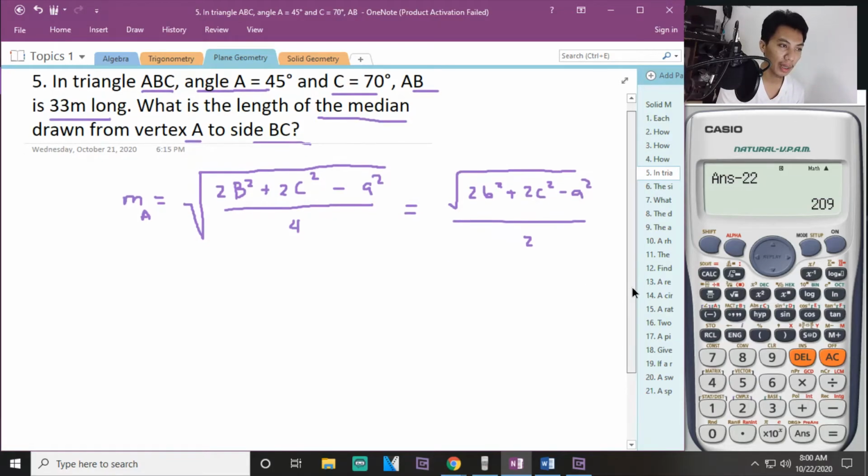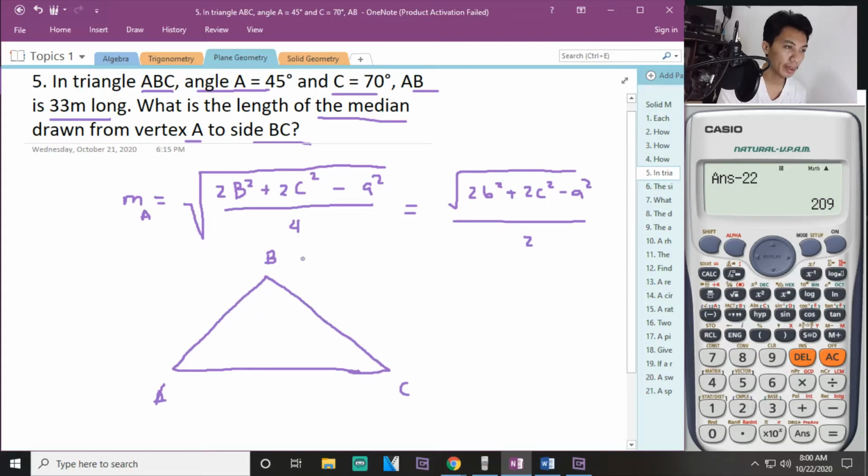Ayan, alamin natin. Drawing muna natin yung triangle natin. This is triangle ABC. Ngayon, nag-drawing ka dito, length of the median drawn from vertex A to side BC. This is the median.